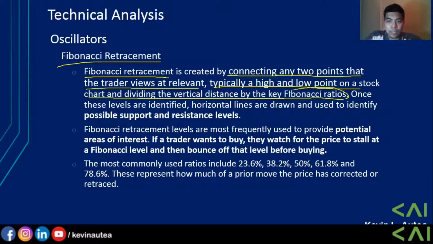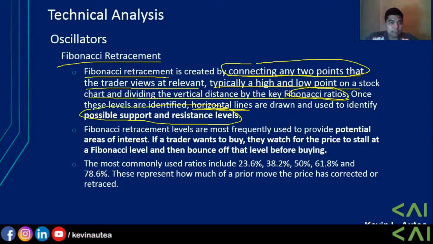This one is automatic, but the two connecting points will depend on you. Right? Usually the high points and low points. Once these levels are identified, horizontal lines, again, this will automatically come out, are drawn and used to identify possible support and resistance lines. Right?